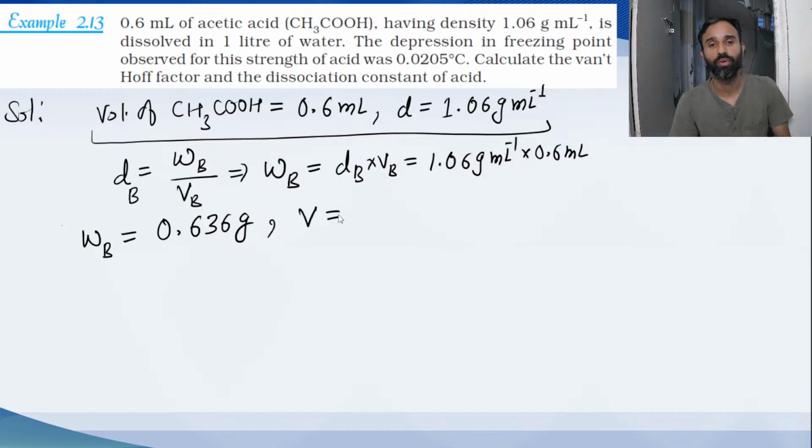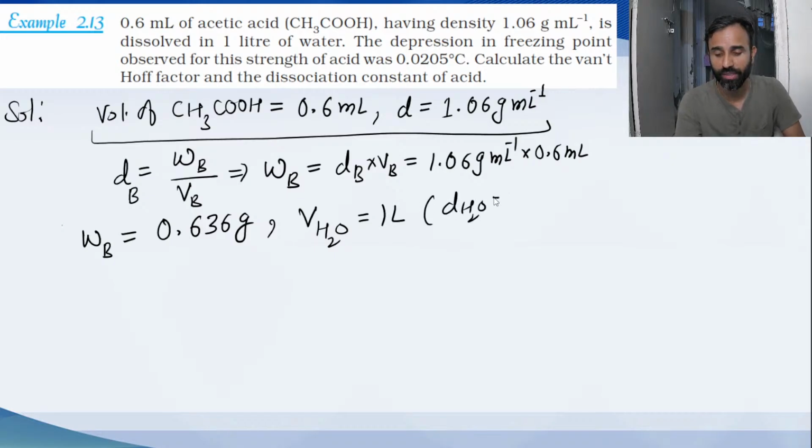Volume of solution, because volume of water is given. Okay, so volume of water is 1 liter. And you know, density of water is 1 gram per ml. So that means it is 1 kg per liter.